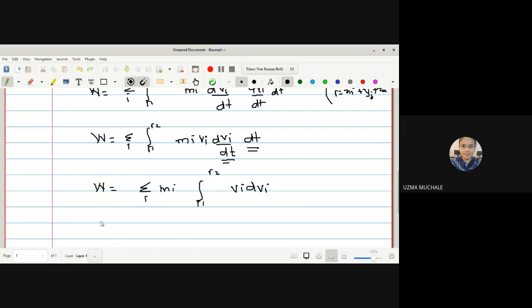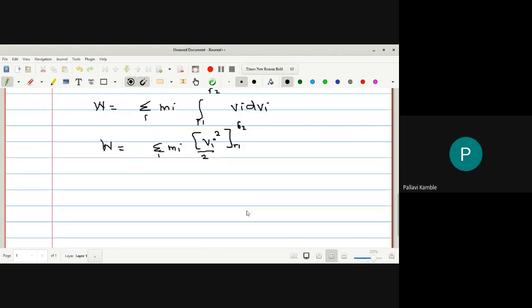Now what will be the value of this integration? vi square divided by 2 within the limits r1 to r2. Correct.